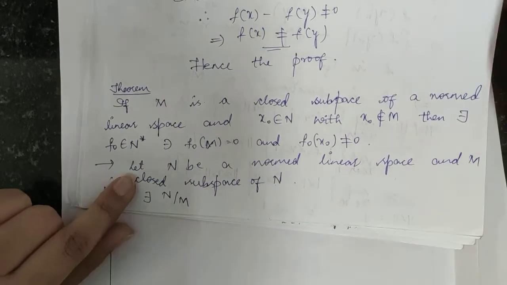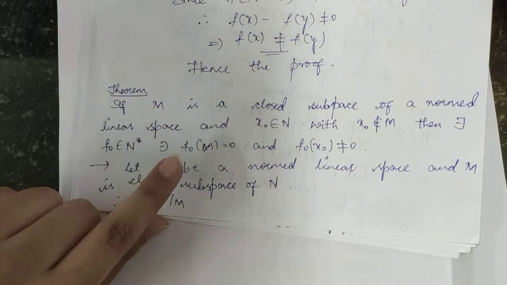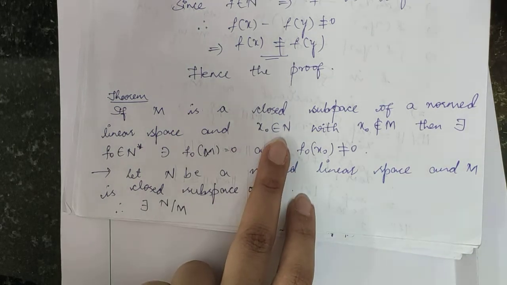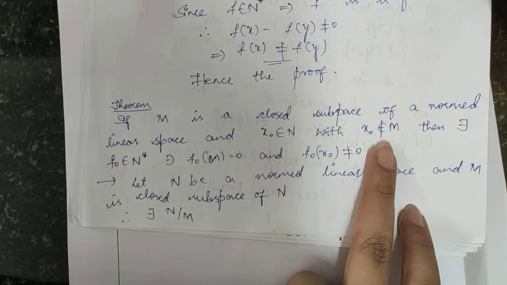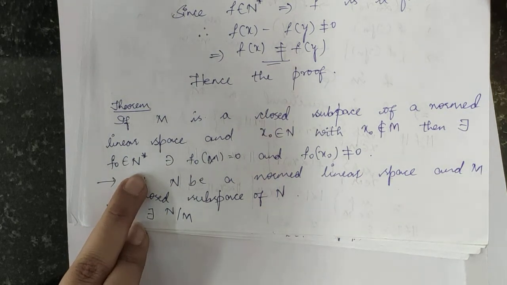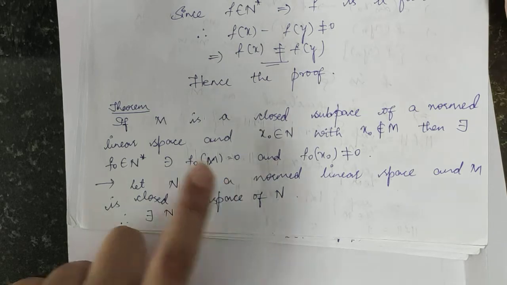The next theorem is: if M is a closed subspace of a normed linear space and x0 is some arbitrary vector which belongs to N with x0 not belonging to M, then there exists f0 belongs to N star such that f0 of M is equal to 0 and f0 of x0 is not equal to 0. This is the statement they have given.